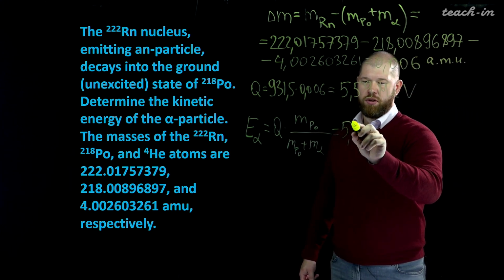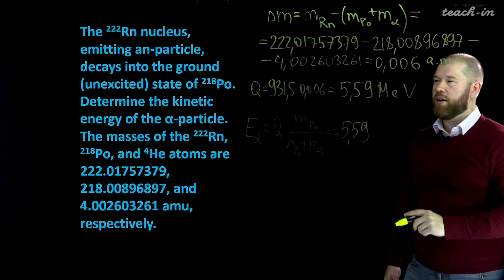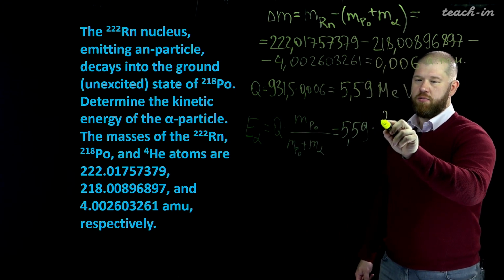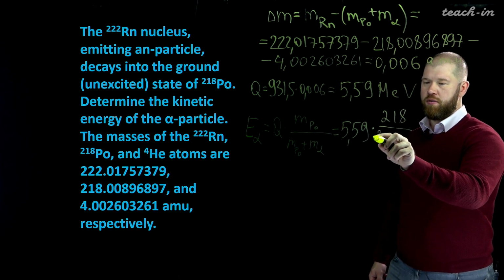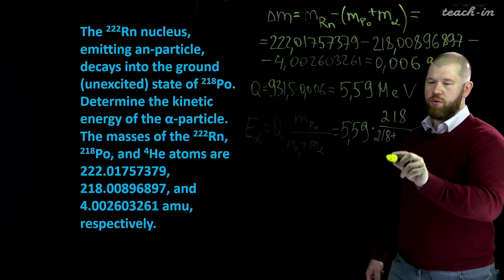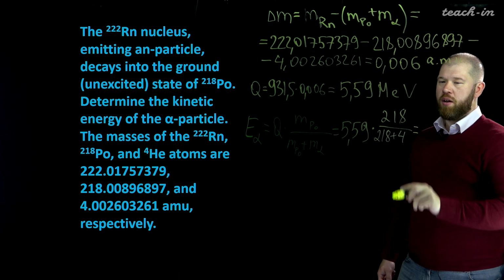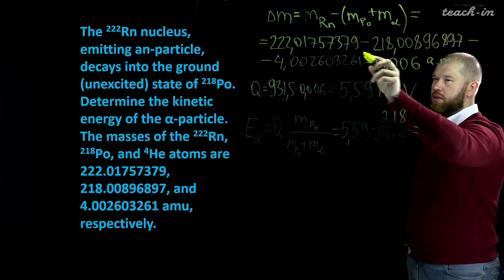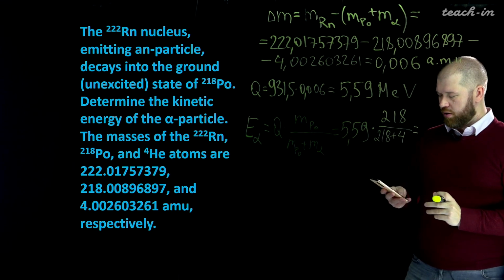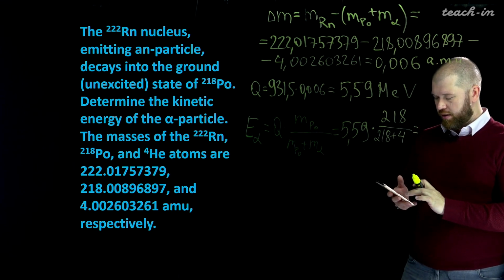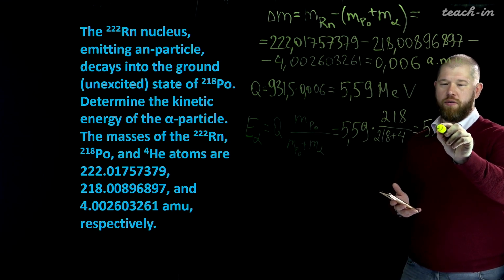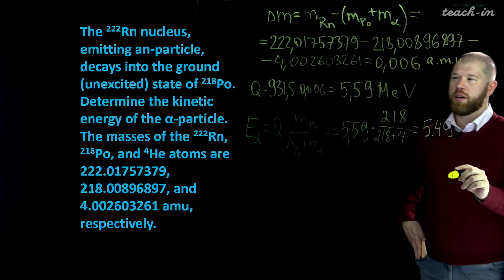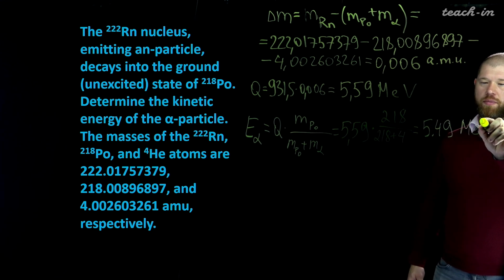Thus we should multiply our number 5.59 by simply 218 divided by 218 plus 4. In this case, we don't need all these small numbers because they will not give us any big difference in our calculations. Thus, we got the number 5.49. Again, it is mega electron volts.